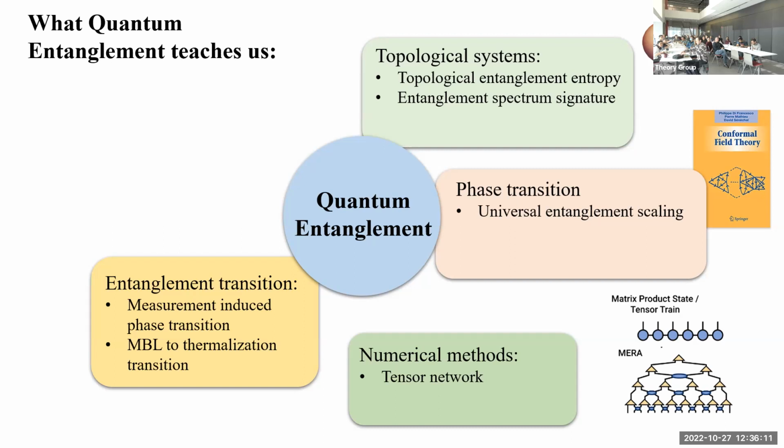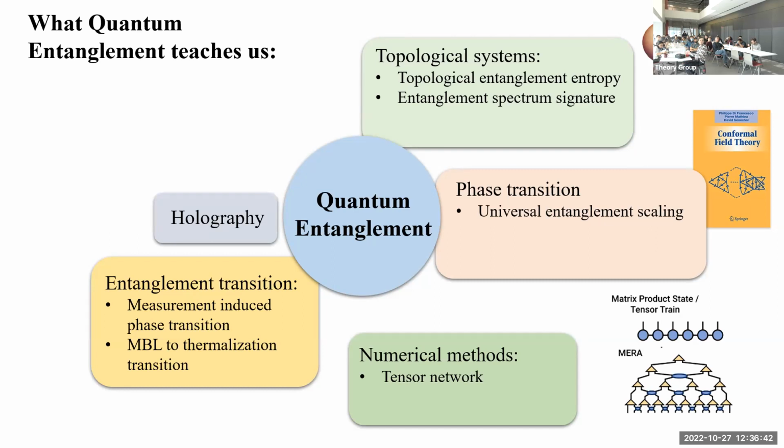The other kind of entanglement transition is related to many-body localization, the thermalization transition. That is quite interesting. Quantum entanglement also plays an important role in holography, like the AdS/CFT correspondence, where we want to compute the entanglement on the boundary.